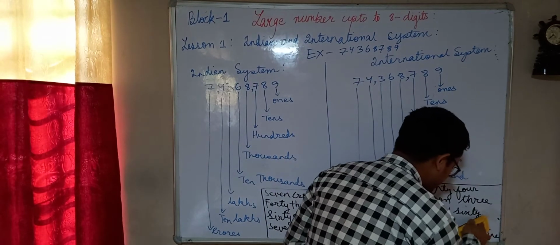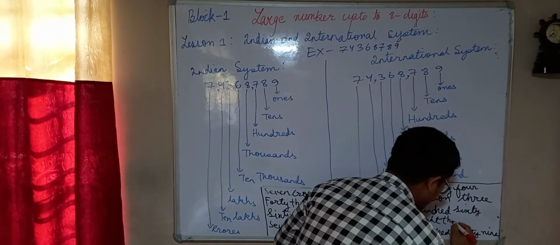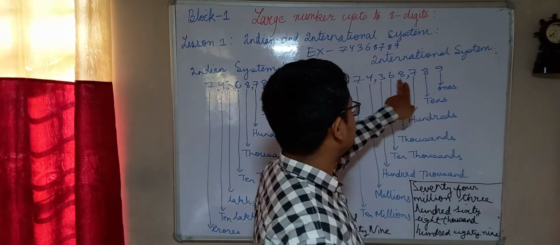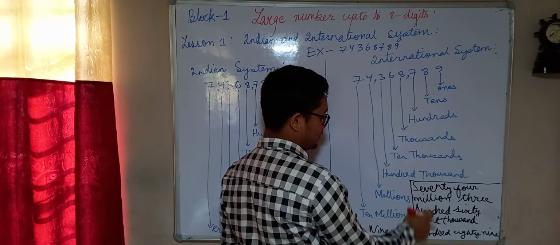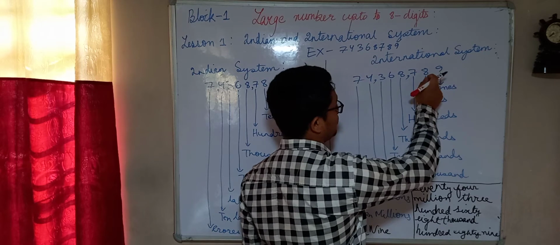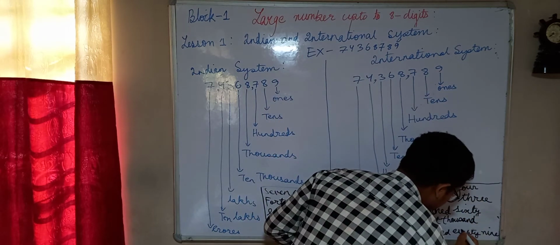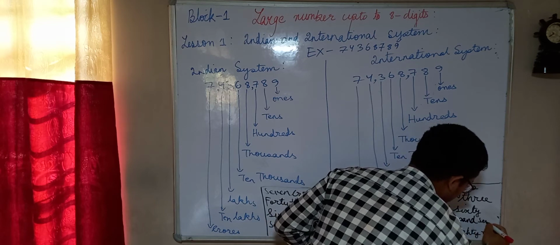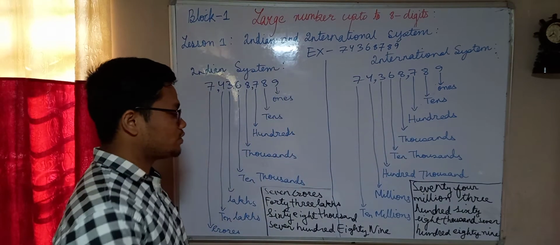So this should have been thousand, 368,000 and put a comma, and this should have been 789. So the way we call this, we will call this 789. Okay, very simple.